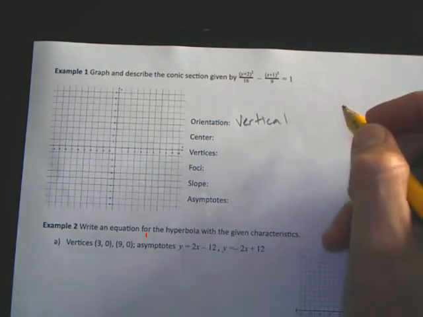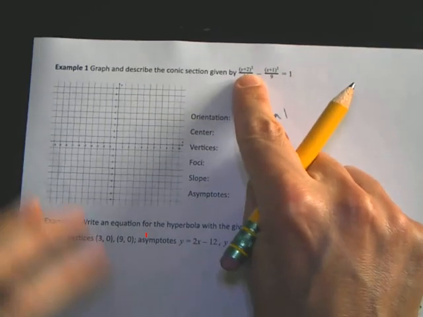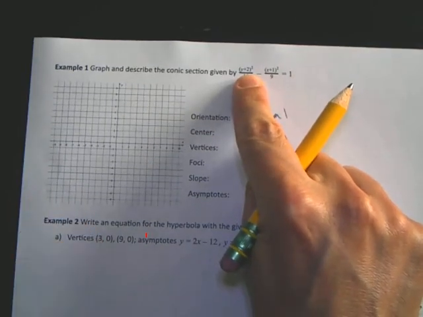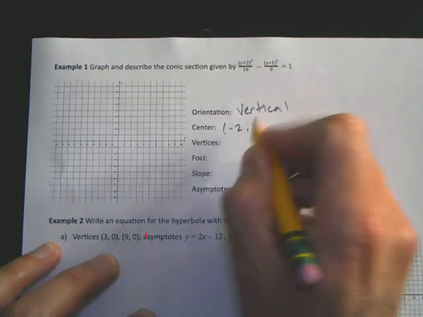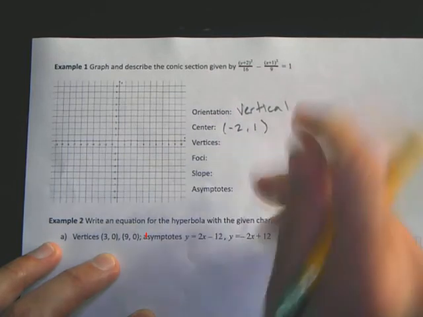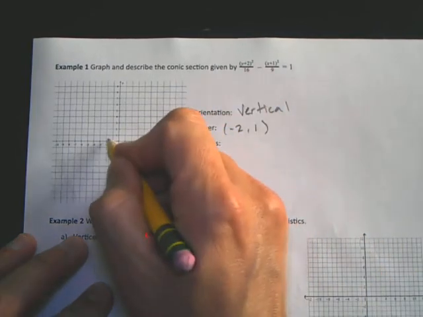Okay, our center, we should be able to recognize that it is, I'm going to zoom in. There we go, that's a little bit better. -2, comma, +1. So here, watch what I'm going to do. I'm going to go ahead and graph most of this. -2, +1, there's our center.